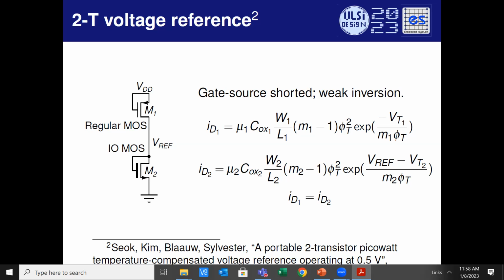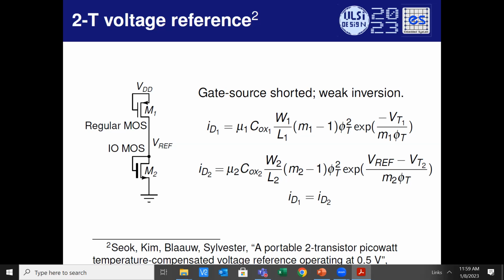Normal analog engineers think that if things are identical, they'll work better. But in this particular case, the two MOSFETs have to be totally different. For example, 1.8 volt MOS or 1.2 volt MOS and IO MOS, thick oxide, thin oxide. They have to be totally different. Then this reference is going to work.